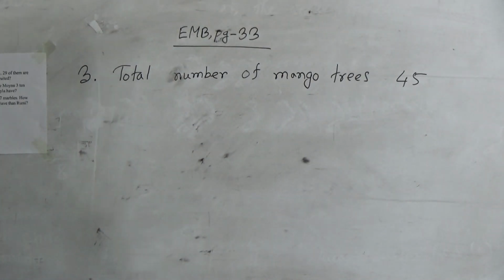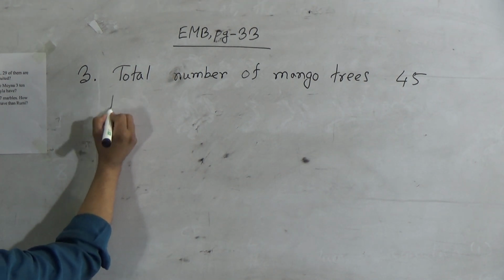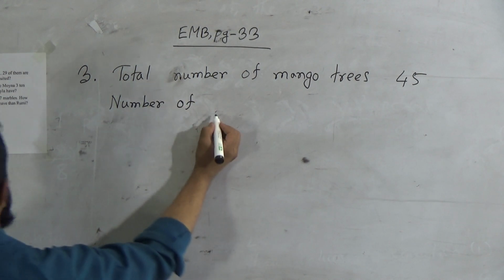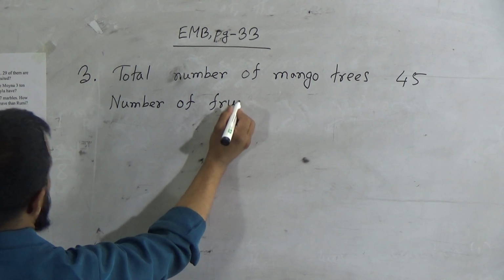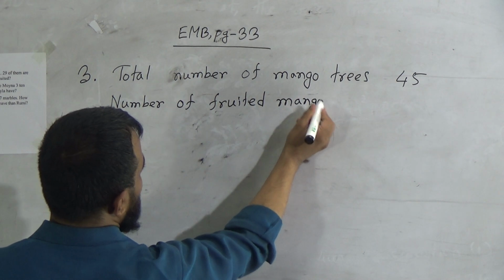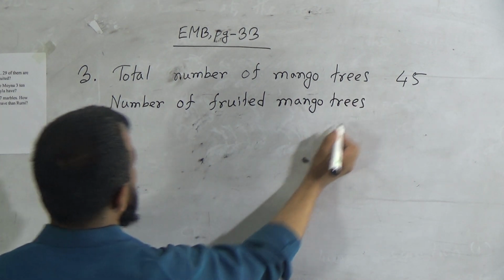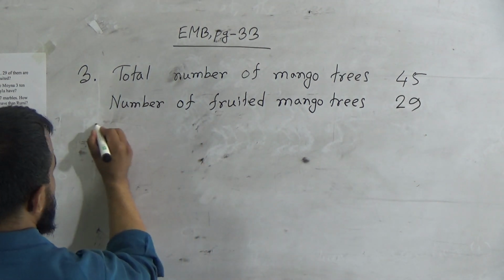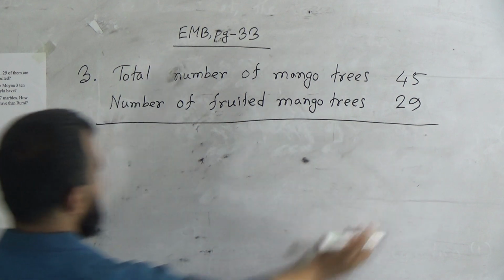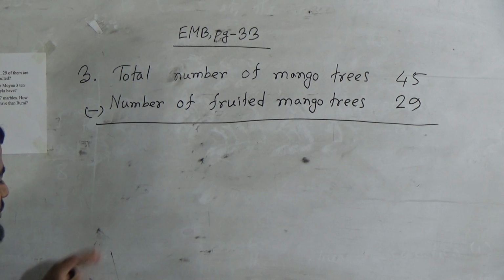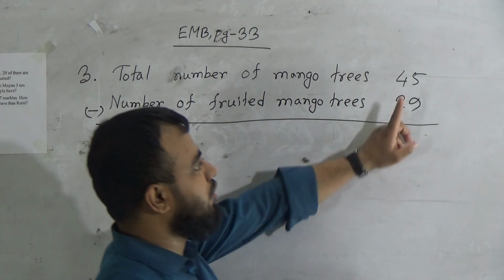Now dear students, the number of fruited mango trees is what? Number of fruited mango trees is 29. So we will subtract 29 from 45 and we will get the answer. So we will give the subtraction sign before. Now my dear students, 29 needs to be subtracted from 45.